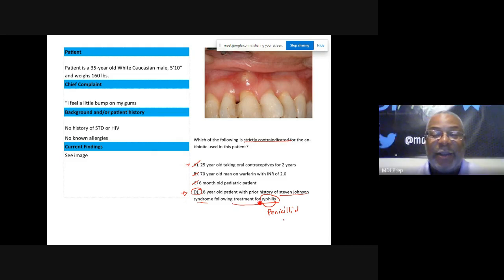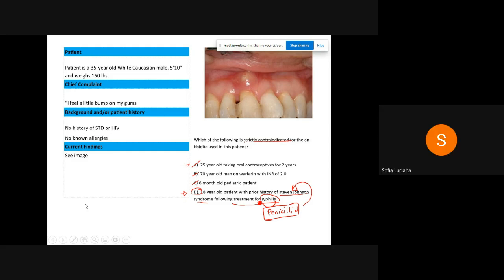And then the way they treat syphilis is with penicillin. Okay. Now, when they were treated with the penicillin, you see what happened, right? Yeah. So that means that they were allergic to penicillins. All right. That makes sense? Makes sense. Yes.